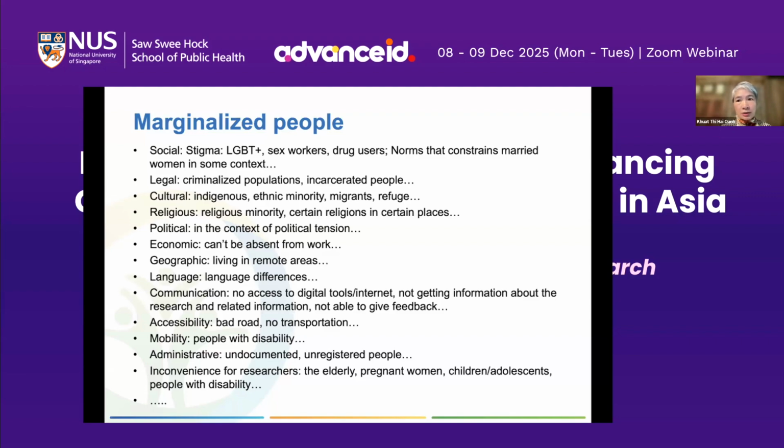There's a big issue now, because there are some groups considered inconvenient or too complicated to include, like pregnant women or children because of the consent issue, pregnant women because of the concern for safety, people with disability because many of them have difficulty communicating or coming to participate, and elderly people because some have a challenge in communication and mobility.